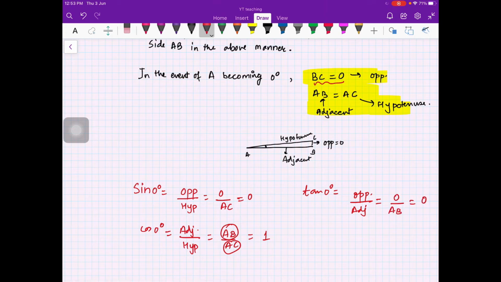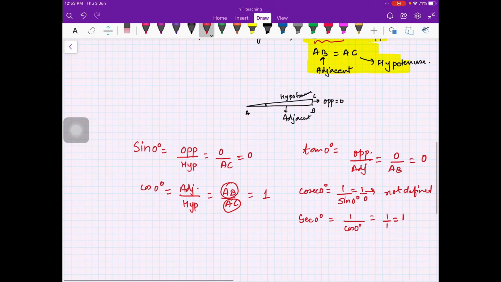Now you can find cosecant of 0 degree, that is 1 upon sine 0 degree. This is not defined, because you get 1 upon 0, and something divided by 0 is not defined. Now secant of 0 degree is 1 upon cos 0 degree, that is 1 upon 1, that is 1.